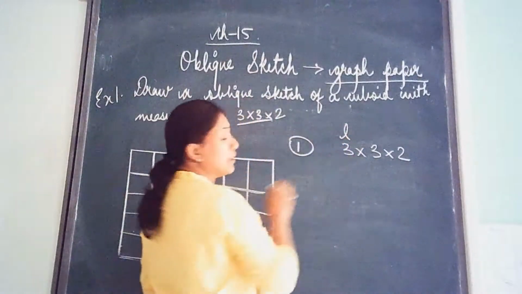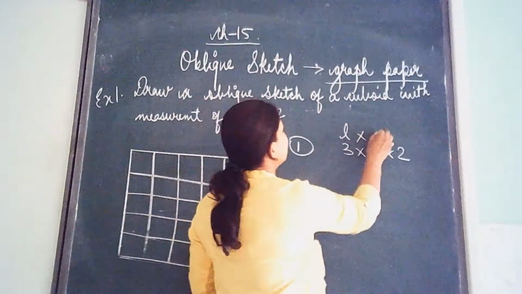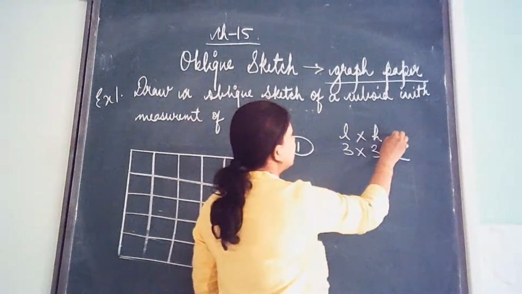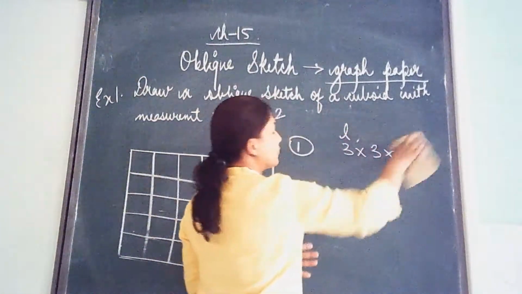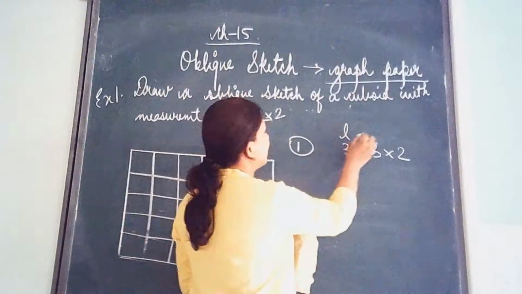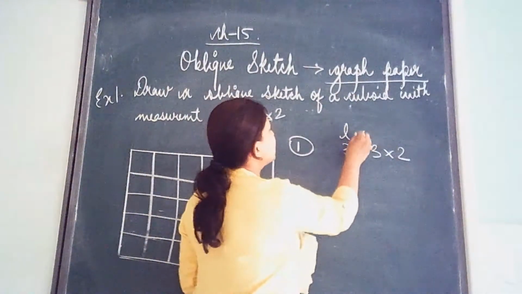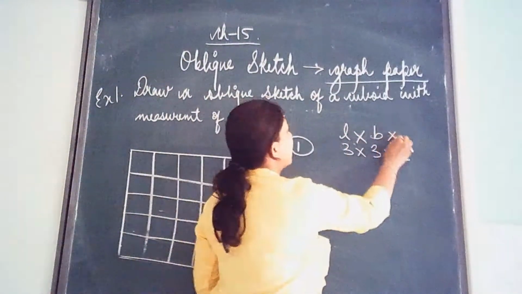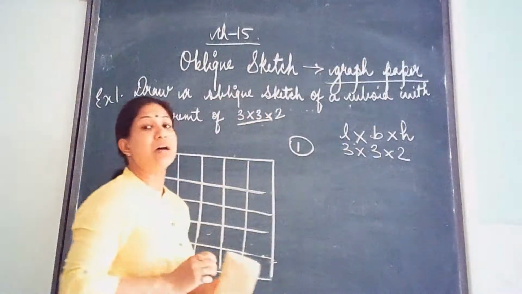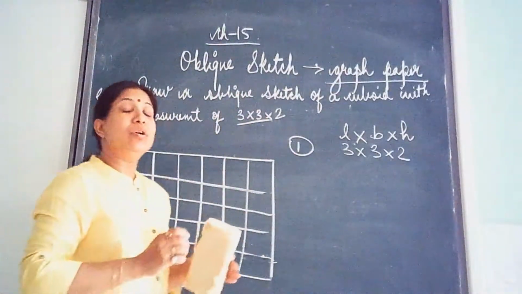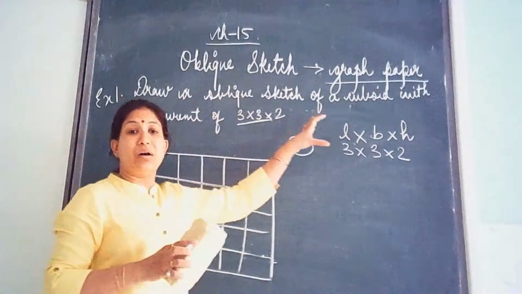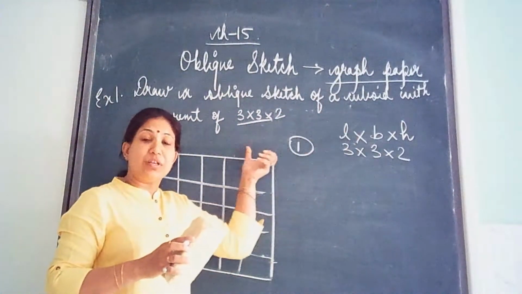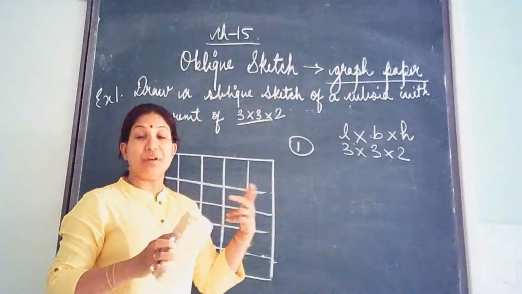The first one you take as length, the second you take as breadth, and the third one you take as height. Now in your book, sometimes the question asks you to draw an oblique sketch of the given measurement in 3 different ways.